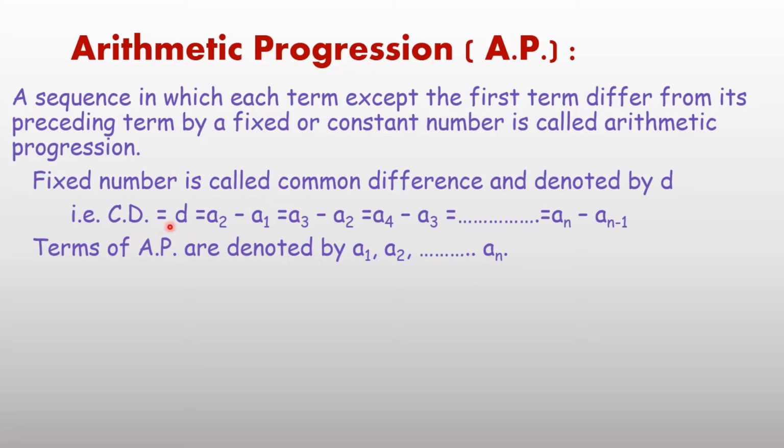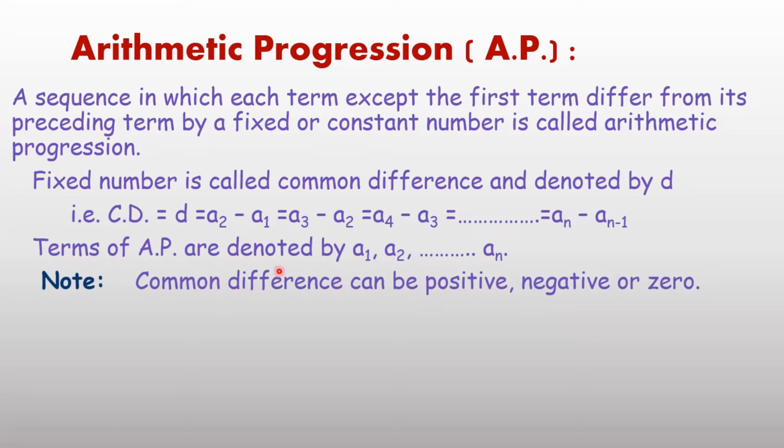Then the common difference we can write as A2 minus A1, second term minus first term, or A3 minus A2, or A4 minus A3, or AN minus A(N minus 1). Again, it is just a sequence in which each term except the first one differs from its preceding term by a fixed number, that is D, is called an arithmetic progression.